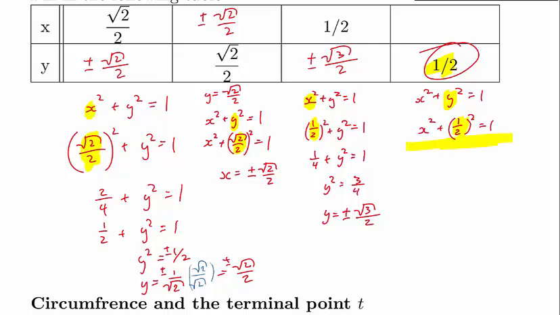Okay, note that this equation is essentially the same as this equation right here, just a different variable we're solving for, so let's go ahead and cut to the end. And we have that x will equal positive or negative root 3 over 2. So again, positive or negative root 3 over 2. There we go.